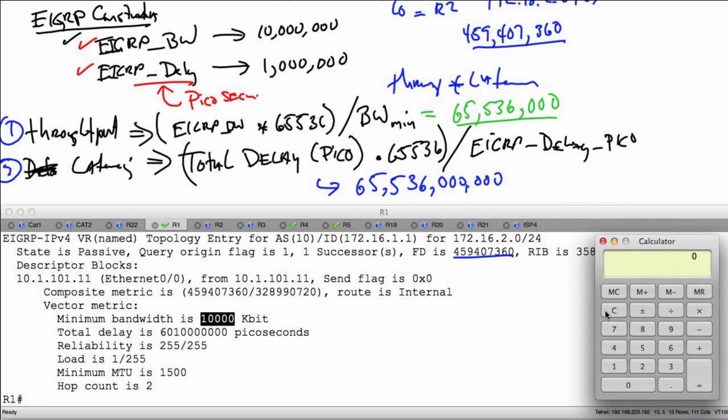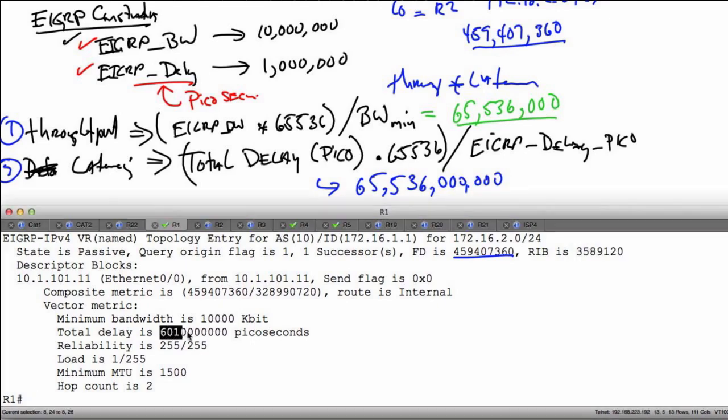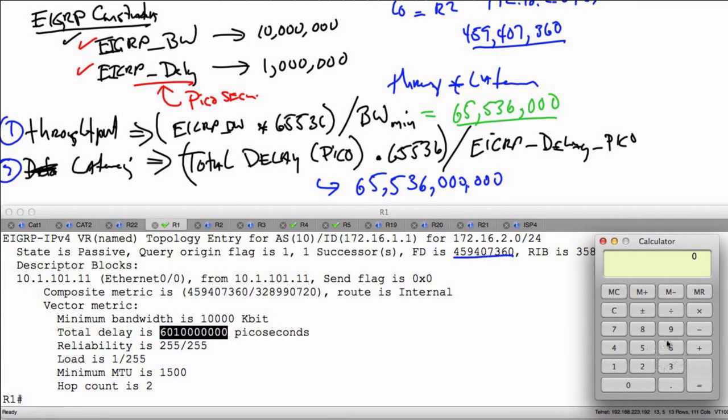So let's take our total delay in picoseconds. It's going to be 6,010, then 6 zeros, times 65536.